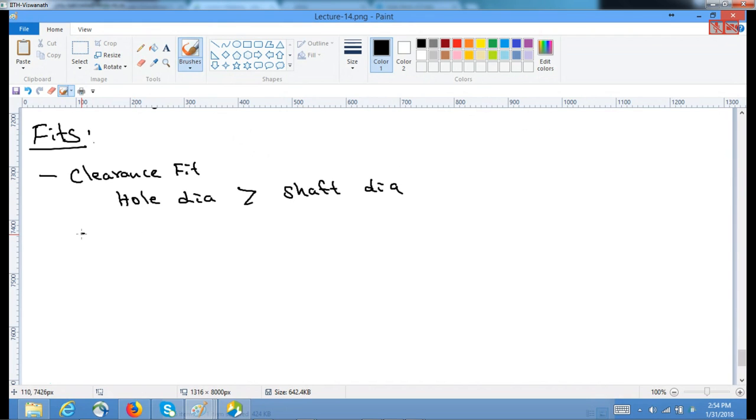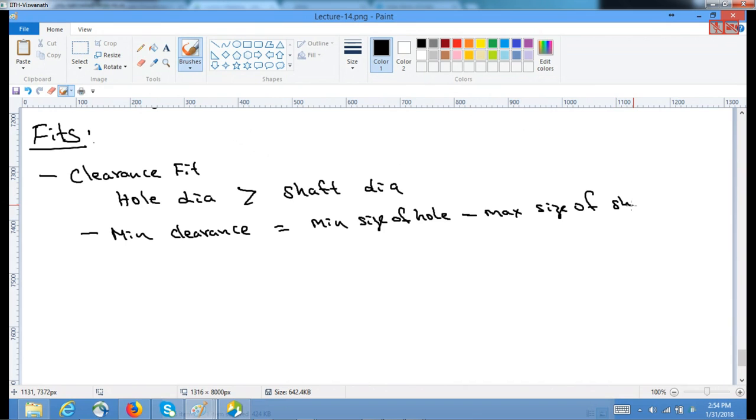That means minimum clearance in this case is equal to minimum size of hole minus maximum size of shaft. The shaft has to be bigger and the hole has to be smaller. Then only the clearance between them will be minimum.